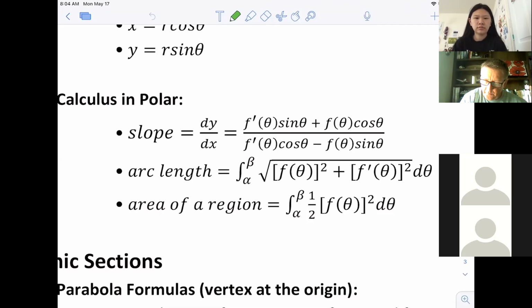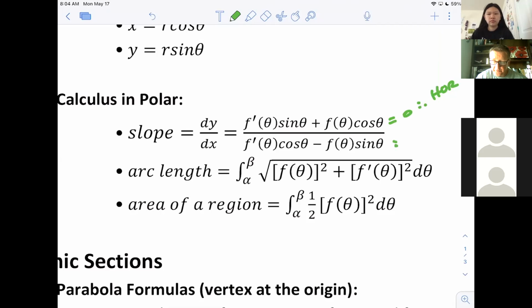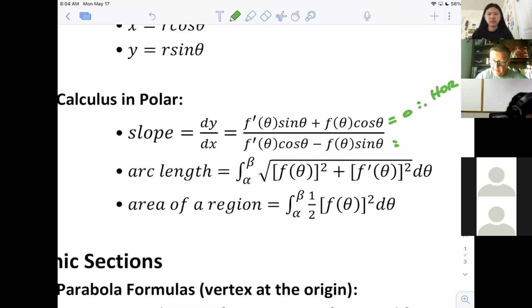And we said that, well, if the top of this was equal to 0, then that would make the slope equal to 0. So we said, hey, that'd be a horizontal slope then if we just let the top equal 0. And we said, well, if the bottom was 0, then the slope would be infinity. And if the slope is infinity, then that would be a vertical slope. And so we were able to find particularly interesting slopes as opposed to just random ones by saying, hey, at 3 seconds, what's the slope?